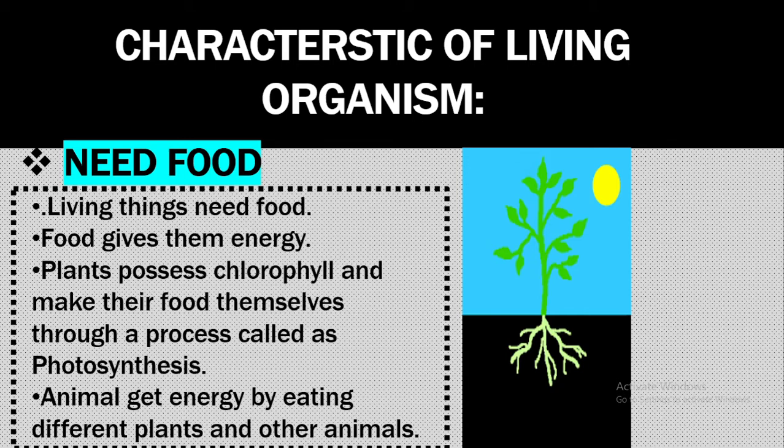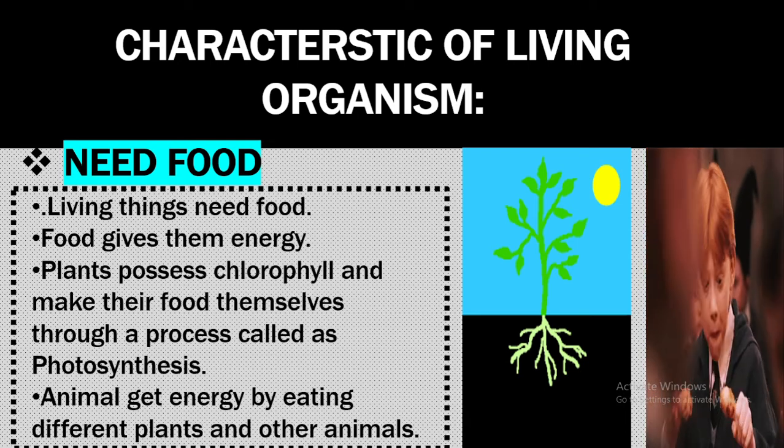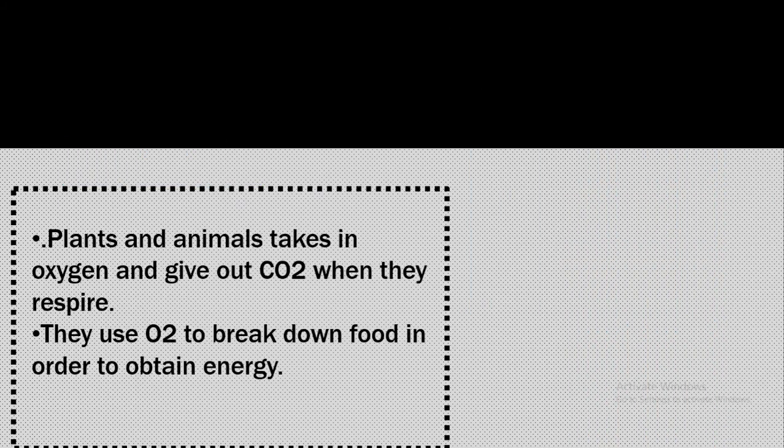The food and the water taken in by animals are converted into energy. Animals need energy to move and grow. You can see in this picture how the plants make their food with the help of the sun and the green pigment chlorophyll. And we need food for energy.